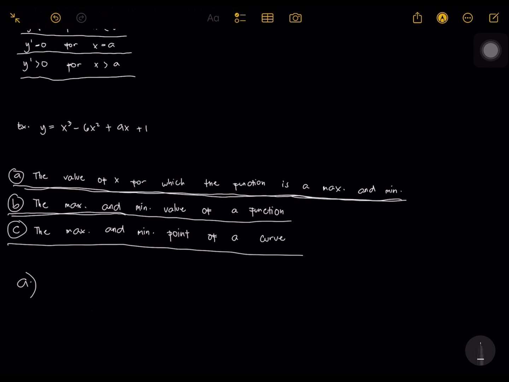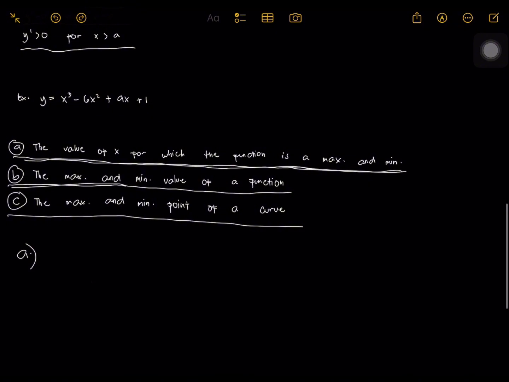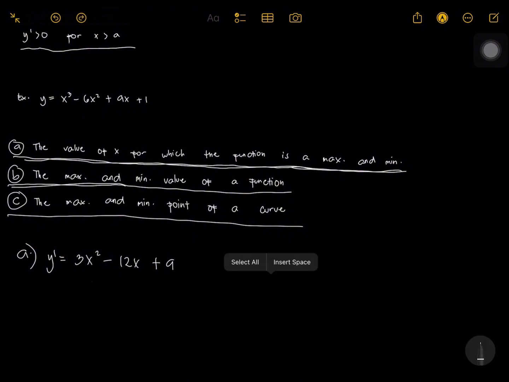So the first one, part a, is the value of x for which the function is a maximum and minimum. We're going to identify if it is a maximum or a minimum, so we're going to get its derivative. The derivative of y equals 3x squared minus 12x plus 9. Since the derivative of y equals 0, 3x squared minus 12x plus 9 equals 0.